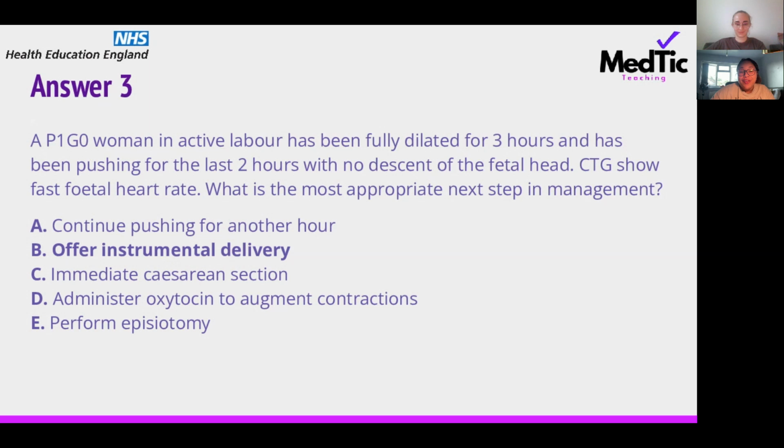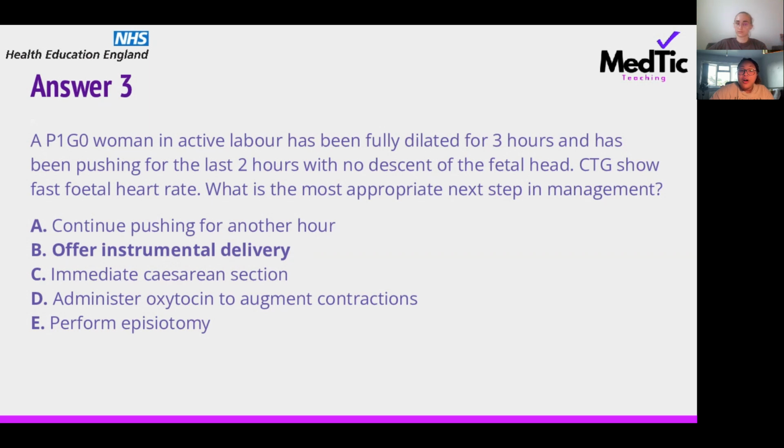So we want to offer an instrumental delivery. There are two key reasons why this is the correct answer. We've got a CTG which shows a fast fetal heart rate, potentially indicating some fetal distress.